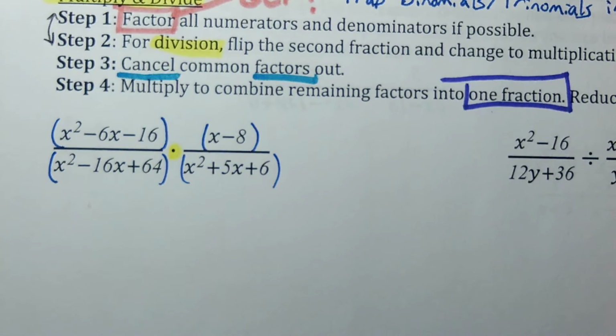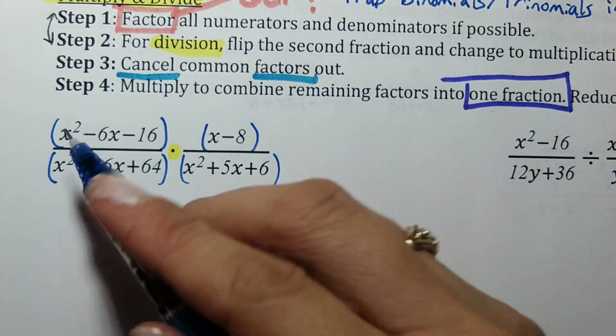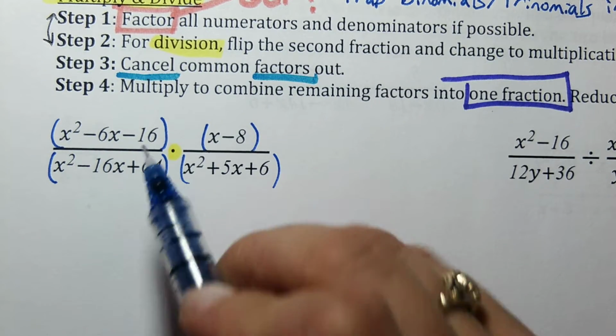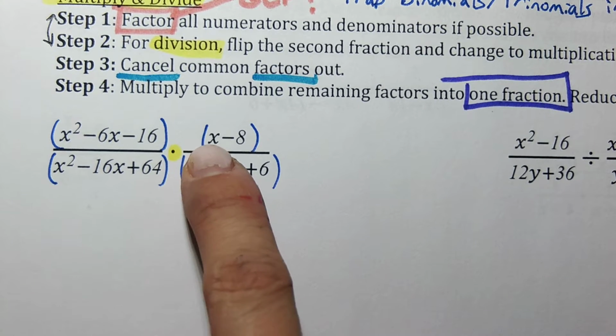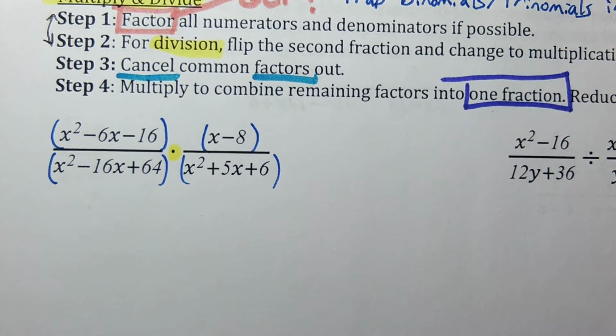That way I'm not tempted to take out, for example, that x squared with that x squared. I cannot take those out with each other because those aren't the same factors. I would have to have x minus 8 with another x minus 8. So right now, I don't have anything in common that I can factor.